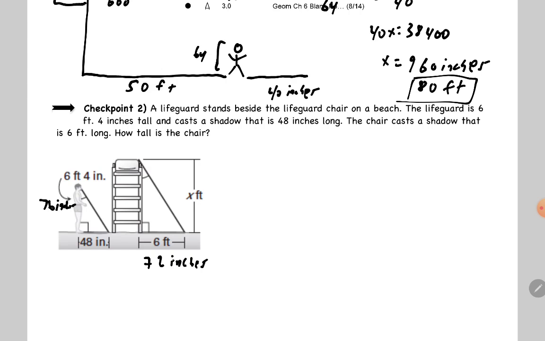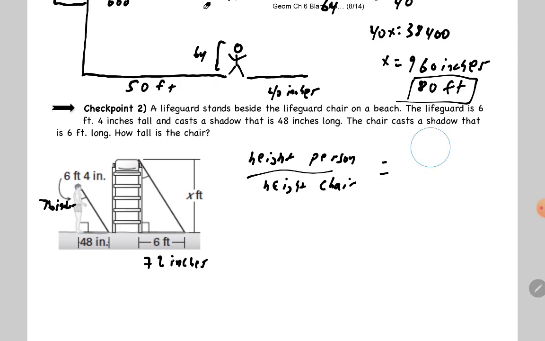And so we're doing this the same way. So let's do height of the person over height of the chair equals person shadow over shadow of the chair.